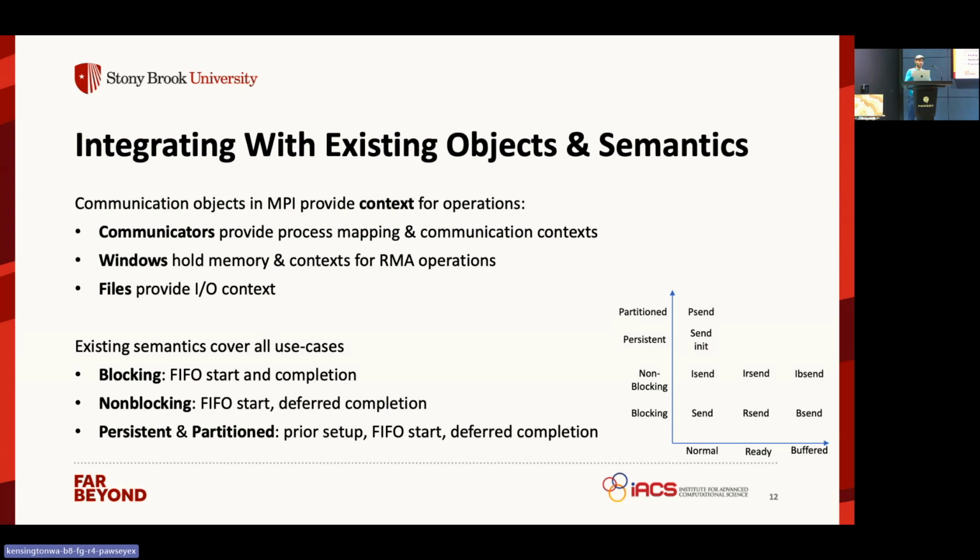And then we have well-defined semantics for blocking, non-blocking, persistent, and partitioned operations. Blocking operations, of course, there's a FIFO start and completion. Non-blocking is a FIFO start, but at deferred completion, at some point it will complete and you can go do other things. And persistent and partitioned is you have a prior setup, everything's fixed, and then a FIFO start and a deferred completion.